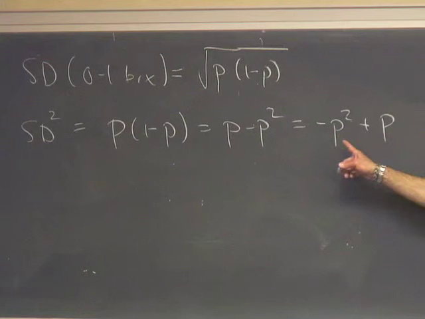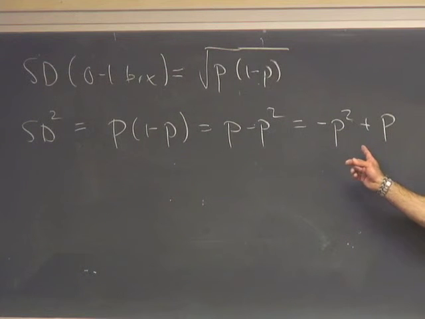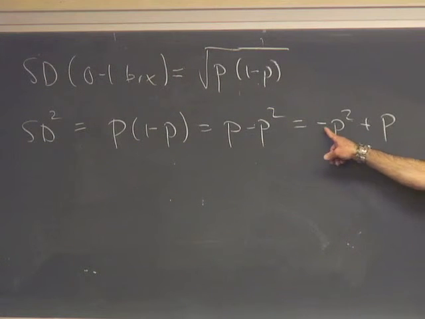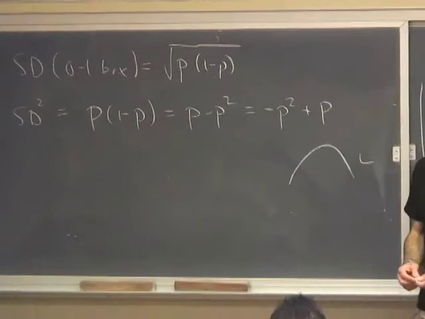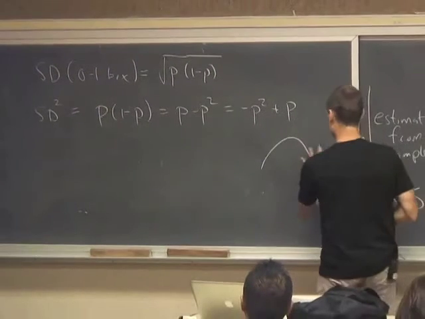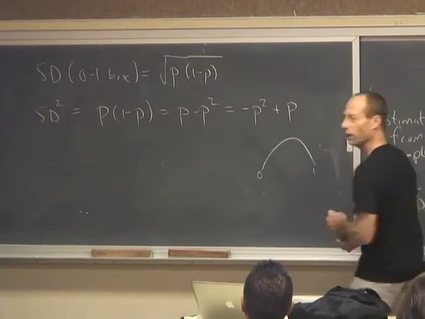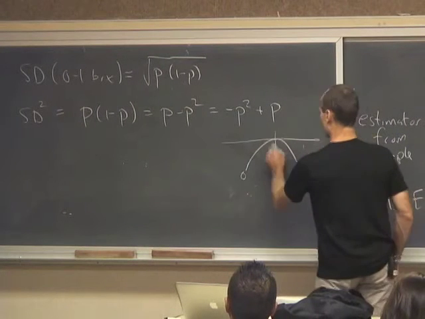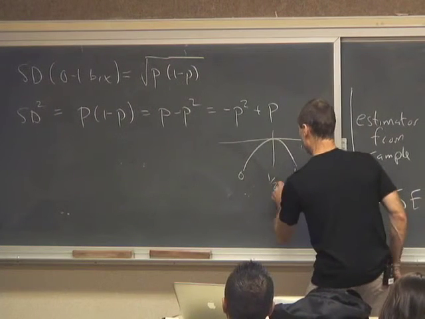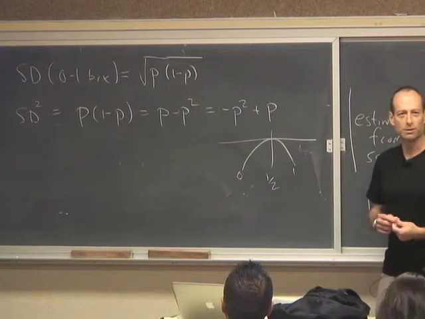And this is the equation of a parabola, right? And because the leading coefficient is negative, it's a parabola that has a maximum. As p goes between 0 and 1, this goes up and attains its maximum at a half. And what is that maximum?